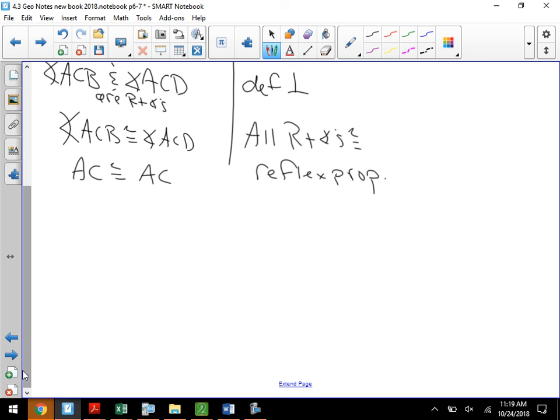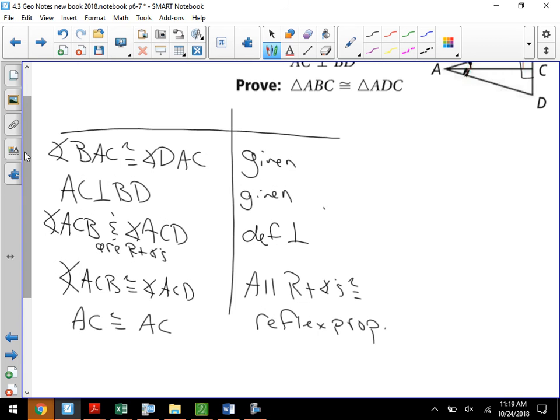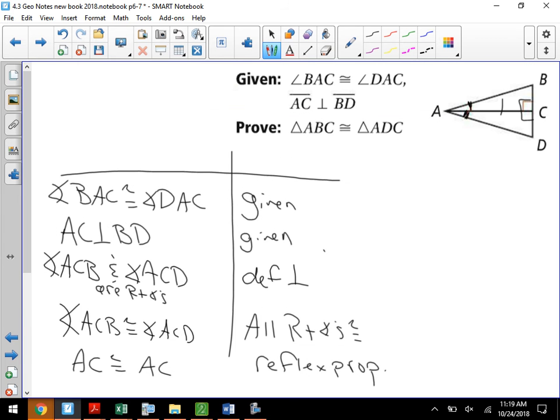Now, your diagram marked up. Which of the four do you have? That's why we look back and forth to the diagrams so you can figure out how things are marked. Here you've got angle, side, angle.